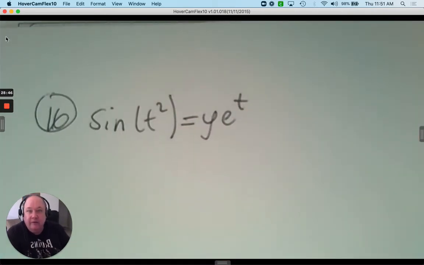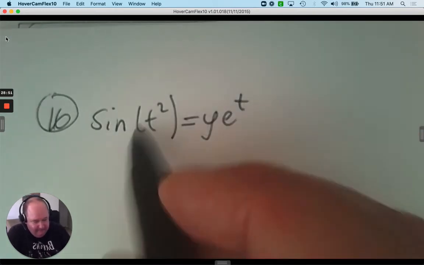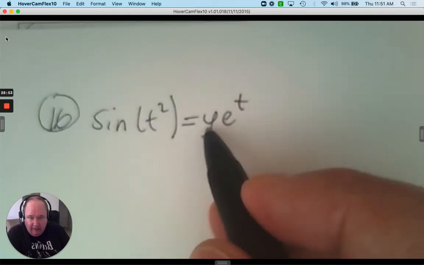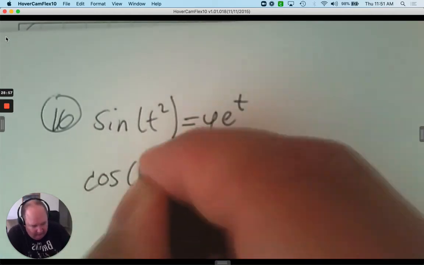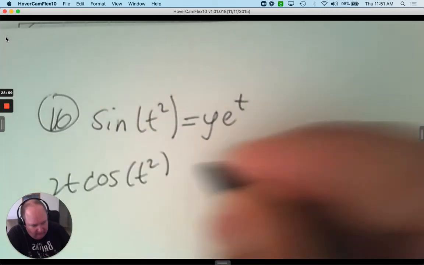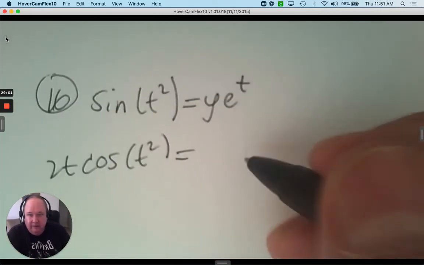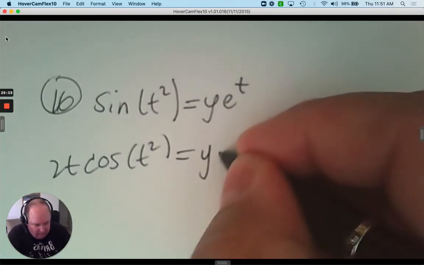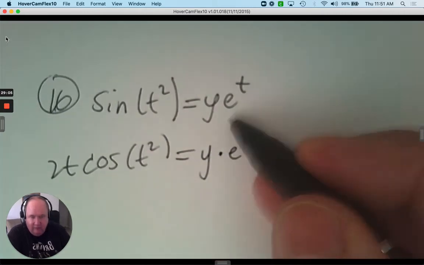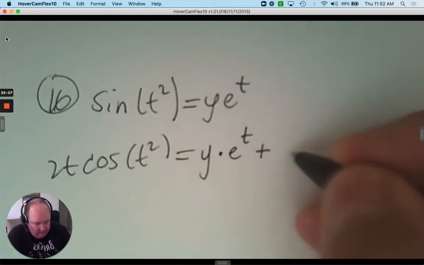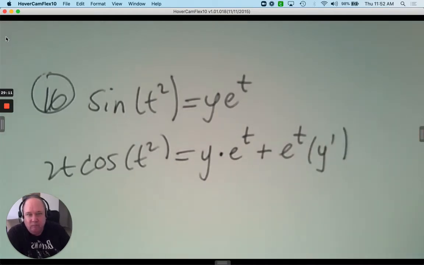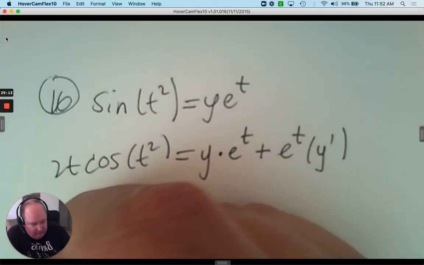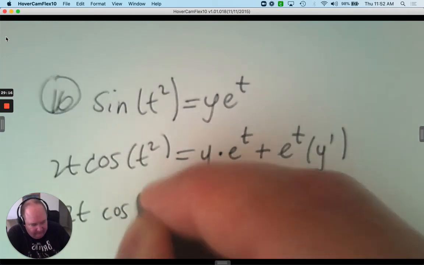All right, so this is going to be implicit with respect to t. So when I take the derivative with y involved, I need a y prime. So the derivative of sine is cosine, and it has a hook to t. This is going to be the product rule. So the first times the derivative of the second, so e to the t, copy it, plus the second times the derivative of the first. And so now I just need to rearrange and divide.